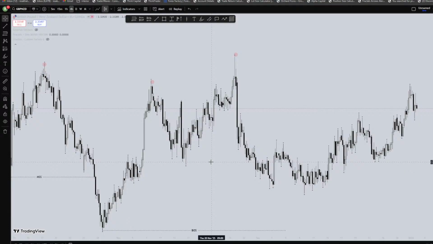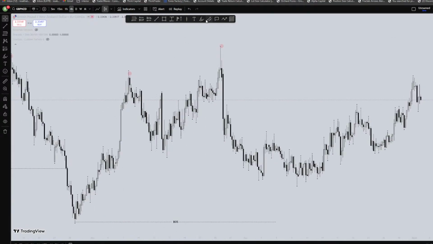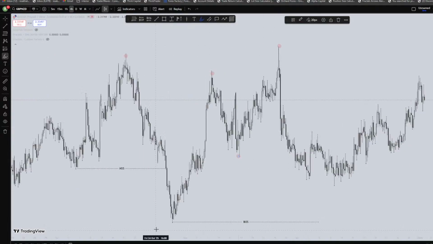And now this is also a peak, and this is internal.